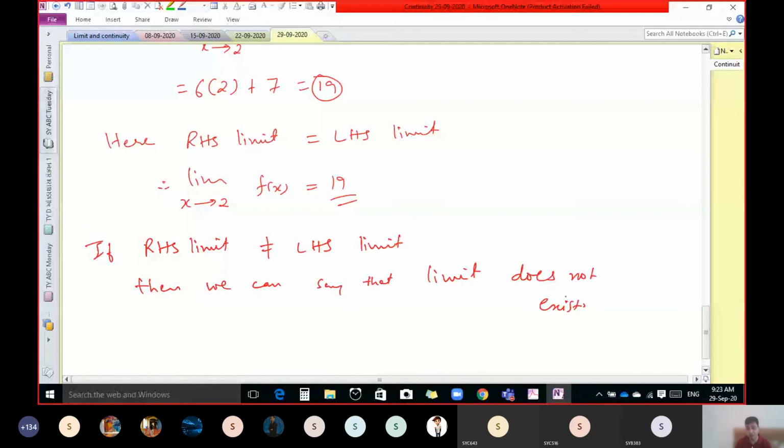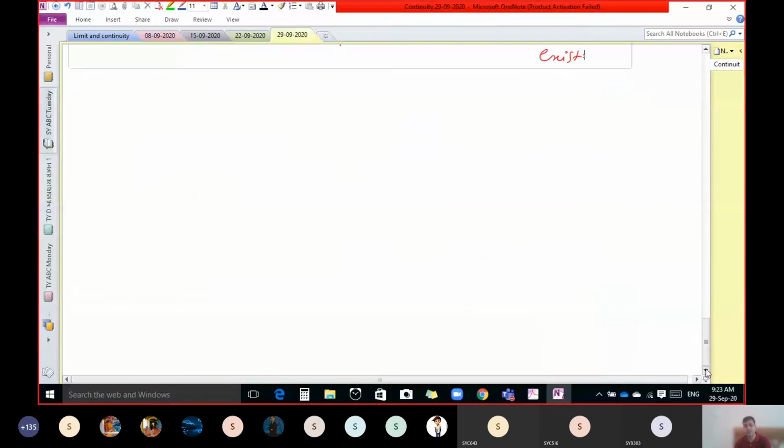Means limit is not possible. So if left hand side limit and right hand side limit are equal, then that is our answer. If they are not equal, then we can say that limit does not exist.